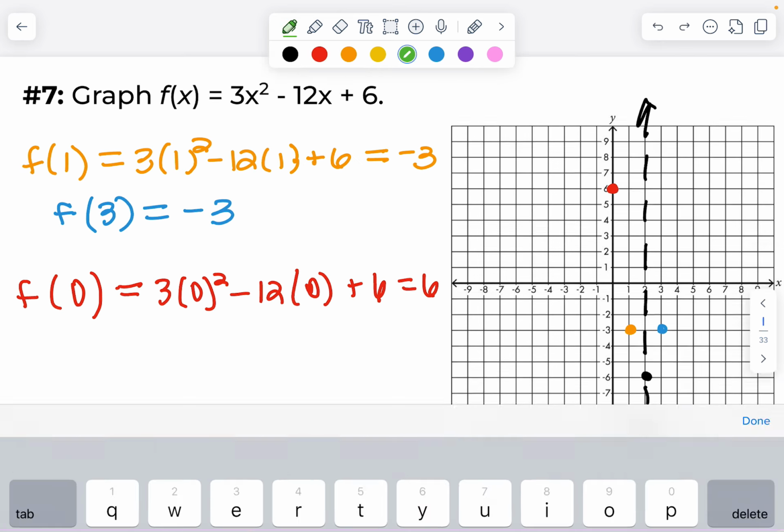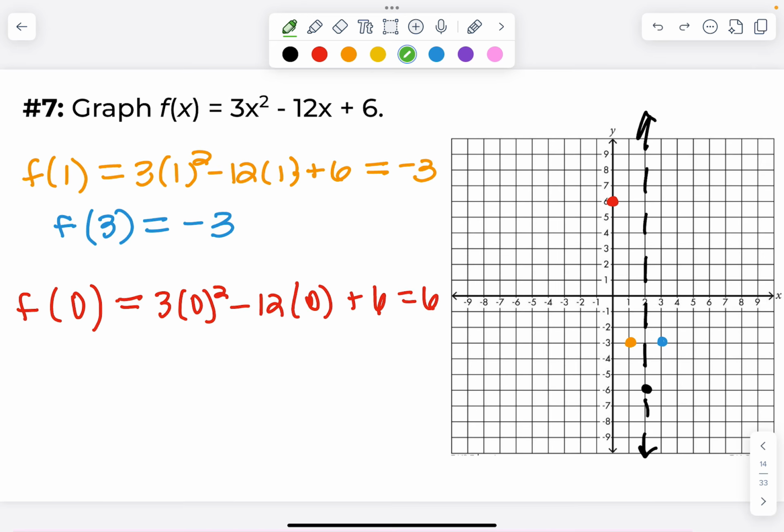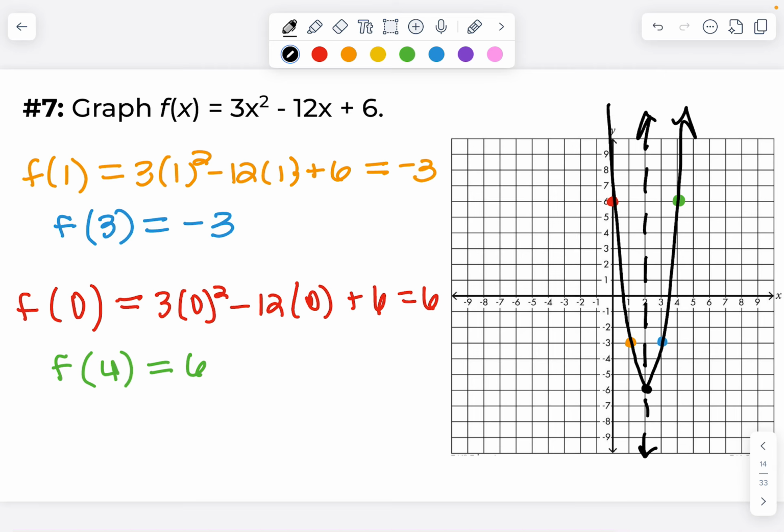To find our last point, instead of 2 to the left, we're going 2 to the right, so that's going to be right here. That's at f of 4, y value of 6. All right, so I'm going to draw in my function. And it looks something like that. So that is this one graphed out.